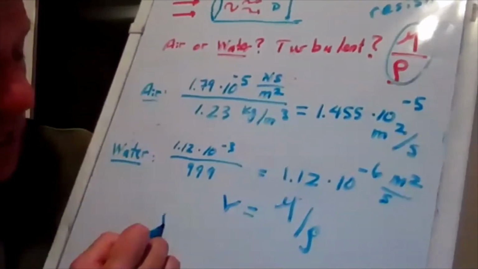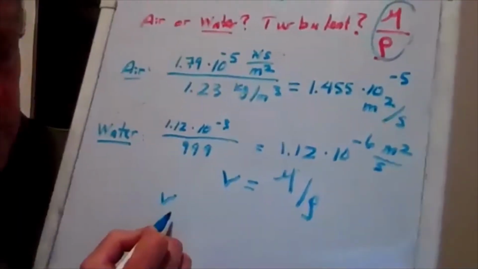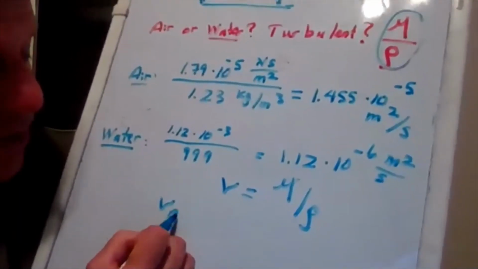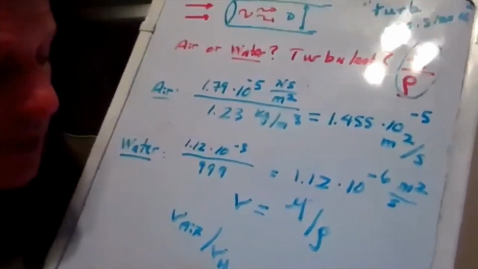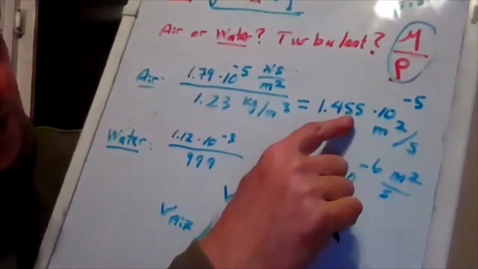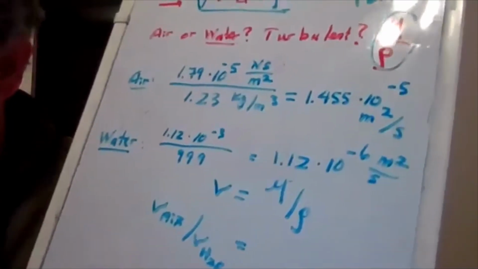So let's take a look at the kinematic viscosity of air divided by the kinematic viscosity of water. To get that ratio, you would just take this number right here and divide it by that number right there.